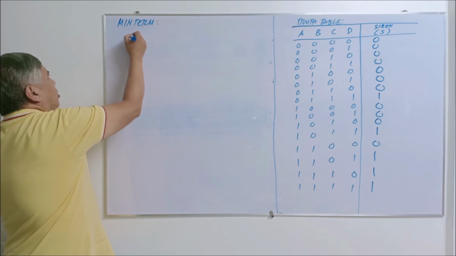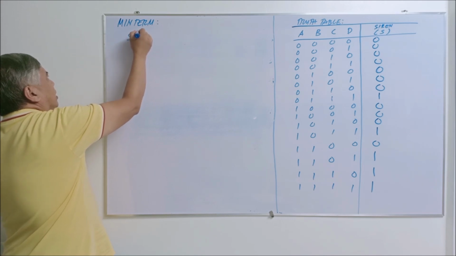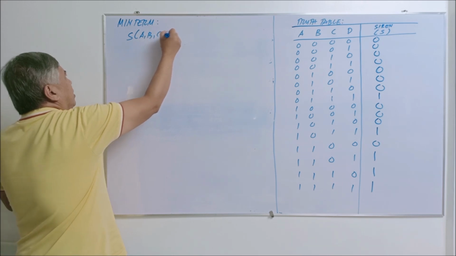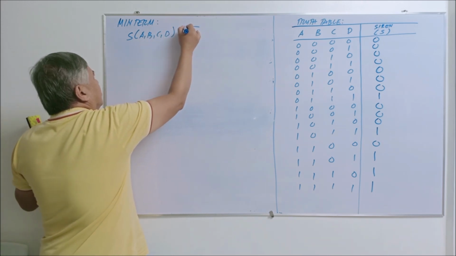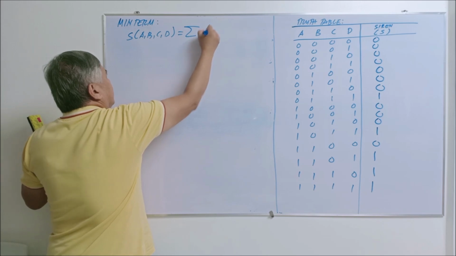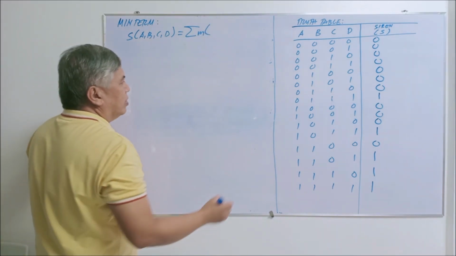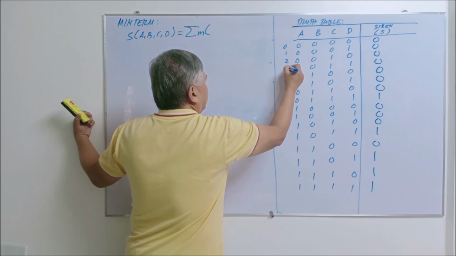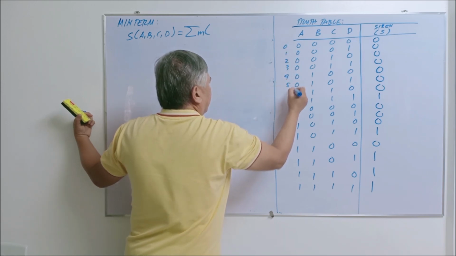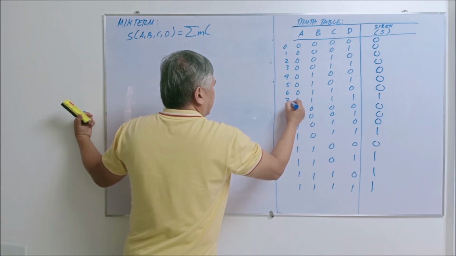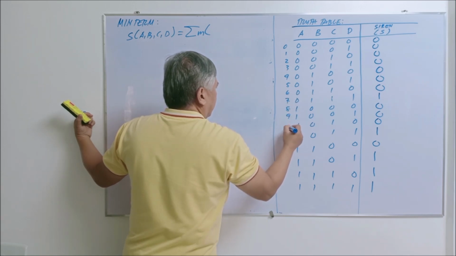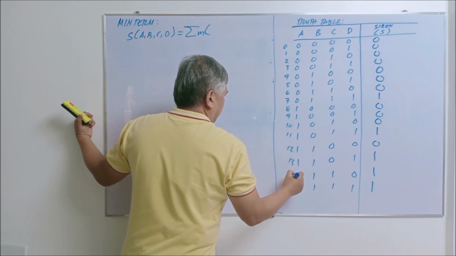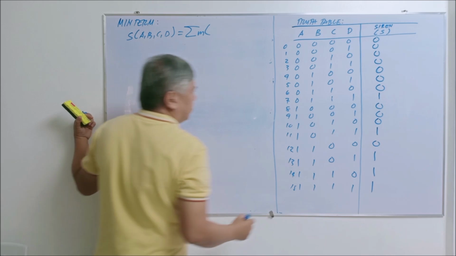So your output there is S as a function of sensors A, B, C, and D is equal to summation of min terms. You have what? By the way, this is 0, 1, 2, 3, 4, 5, 6, 7, 8, 9, 10, 11, 12, 13, 14, and 15.